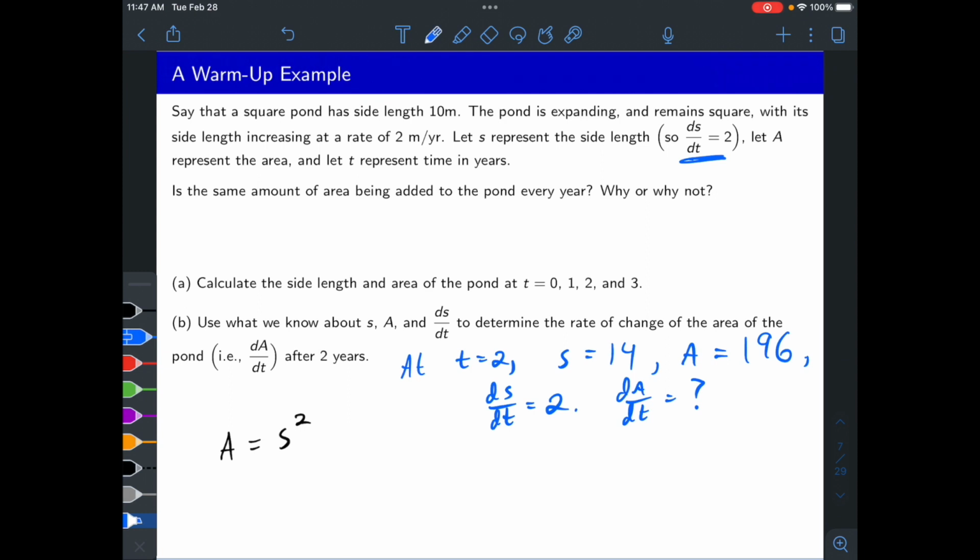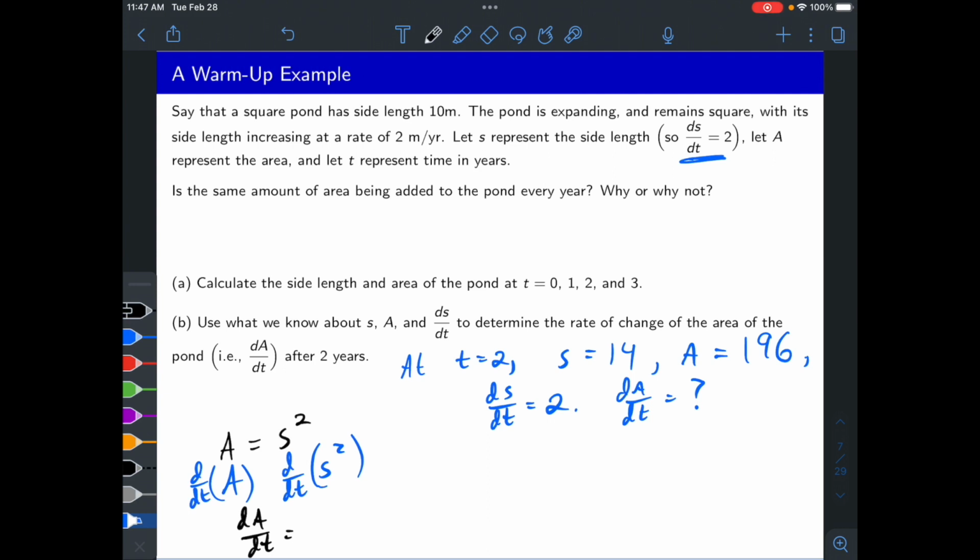And then what you do from there is just take the derivative d/dt of both sides of the equation. So what's d/dt of A? That's literally just dA/dt. What is the derivative with respect to t of s squared?